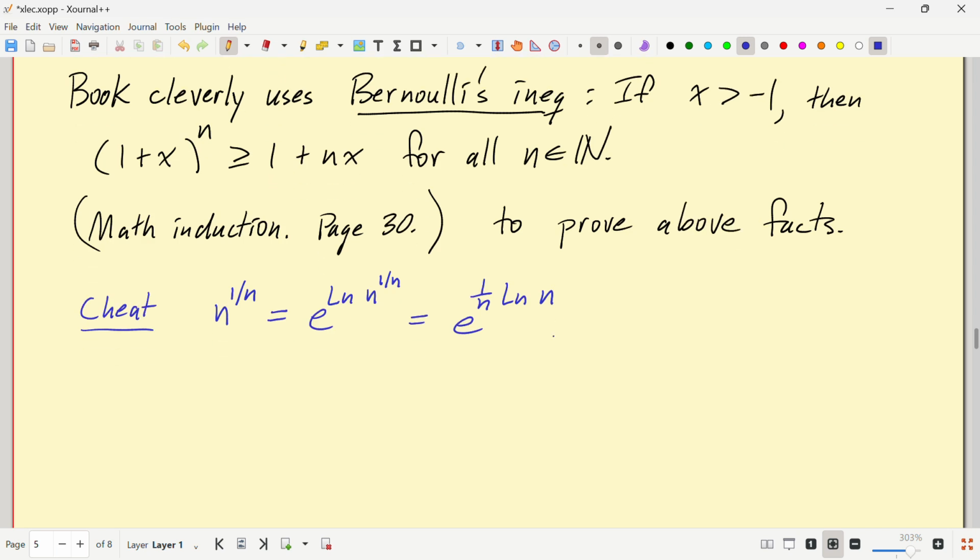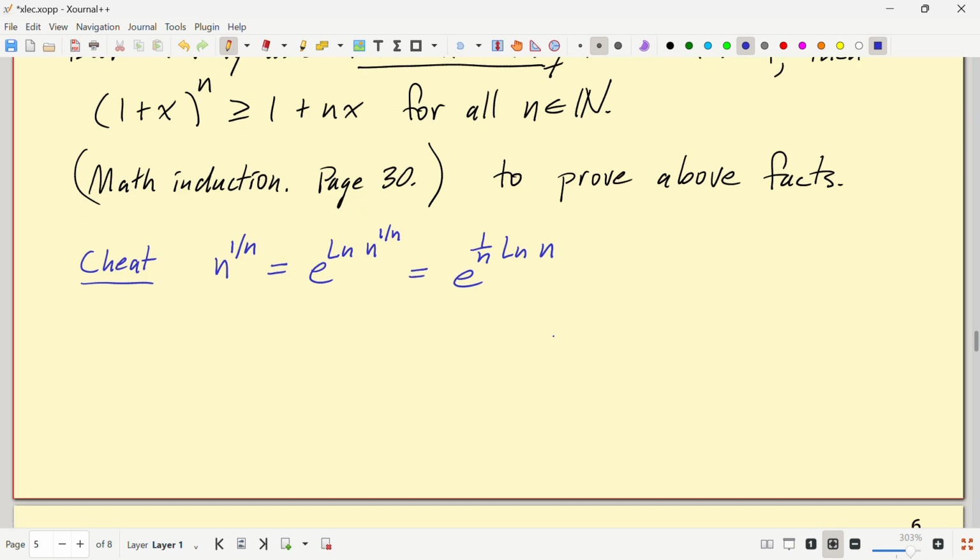And 1 over n log n is a famous thing. It looks like 0 times minus infinity. It's one of those indeterminate forms. And so 1 over n log n, I'll write it again like this, is log n over n.